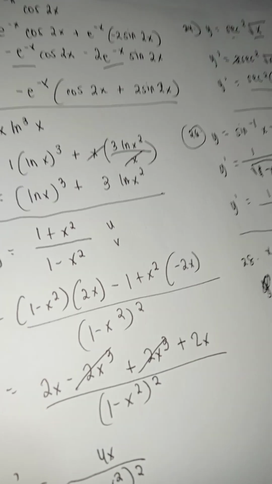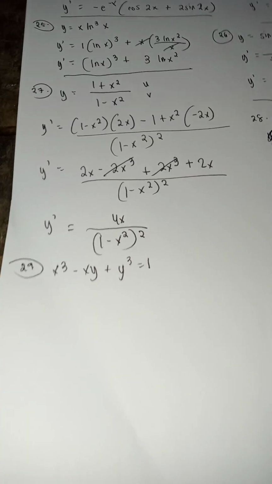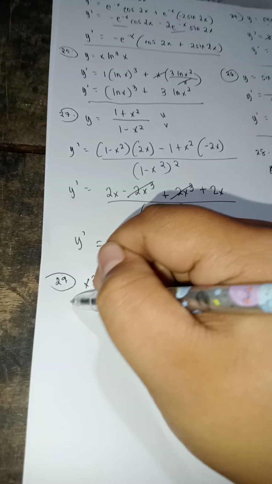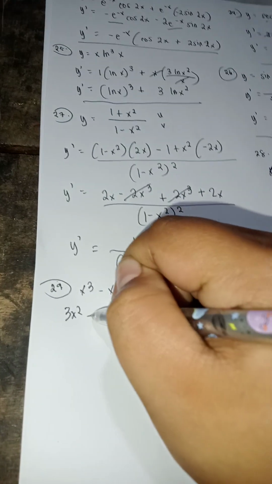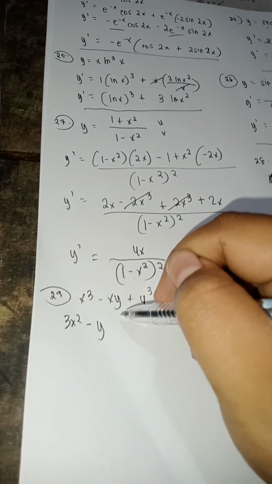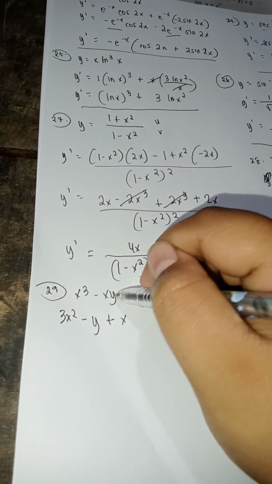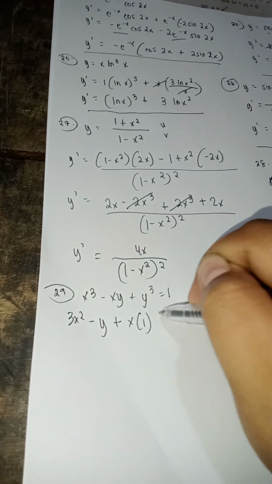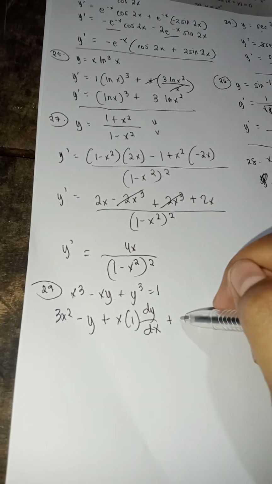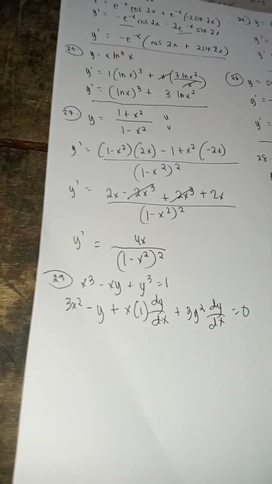We get the derivative of x cubed, which is 3x squared, minus the derivative of xy: y first, subtract y, plus x times the derivative of y, which is 1 times dy over dx, plus the derivative of y cubed, which is 3y squared dy over dx, equal to 0.